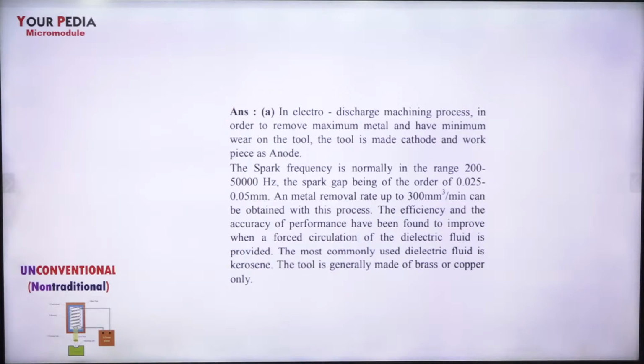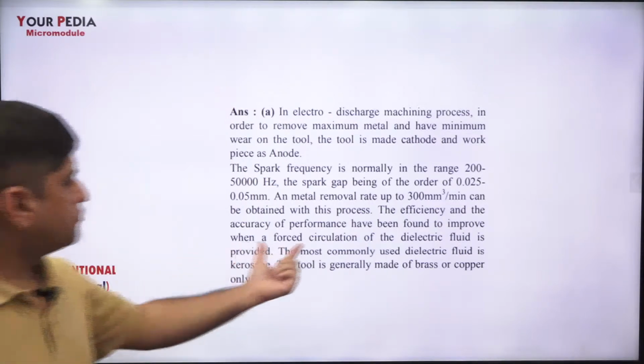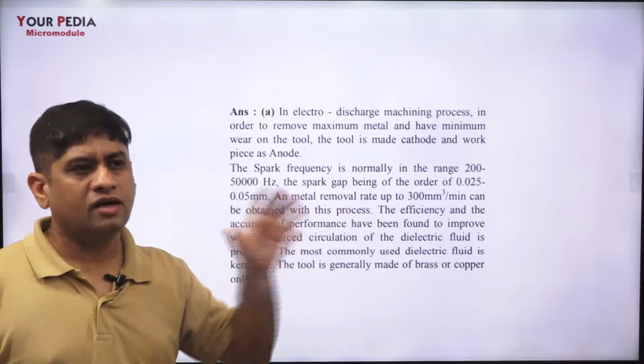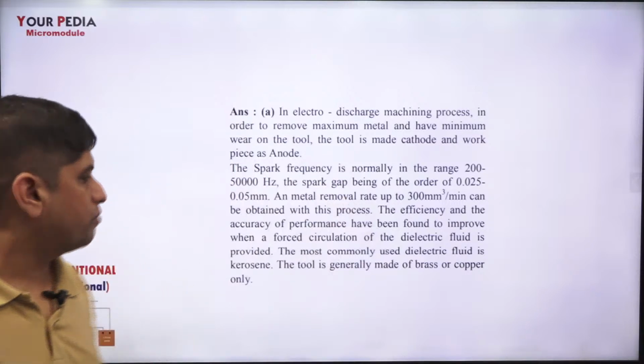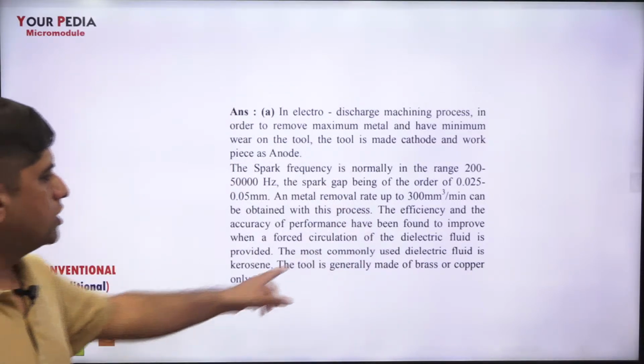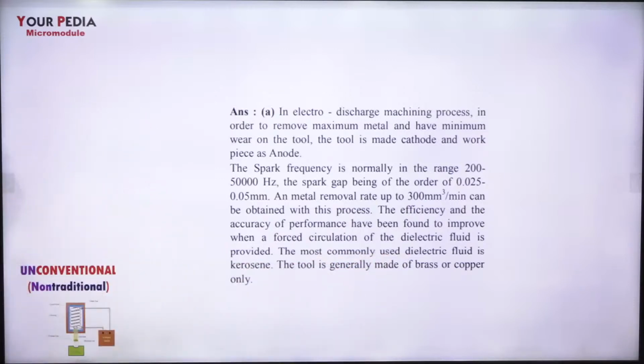Forced circulation. This term is very important. Forced circulation of dielectric, not natural circulation. Forced circulation through pump. Kerosene. Tool is made of brass and copper. And to protect the tool from wearing, tool is made negative.